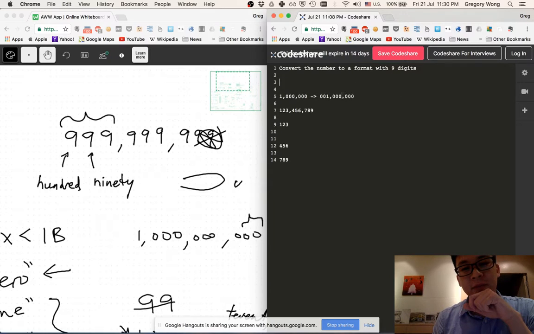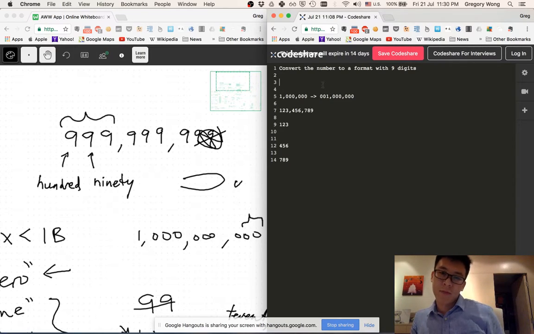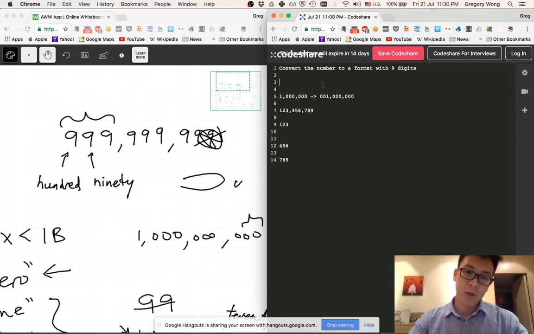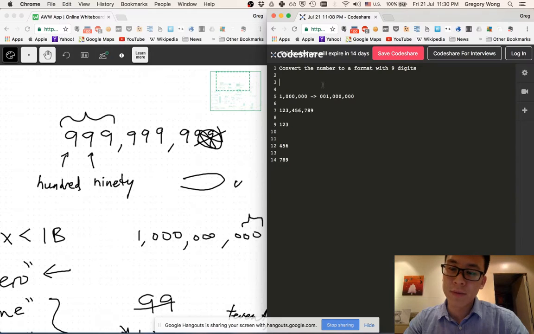So instead of converting it to always 9 digits, you could convert it to either 3 digits or 6 digits. So it would be rounding it up to either 3, 6, or 9. How you would do that is you can mod the number of digits by 3.